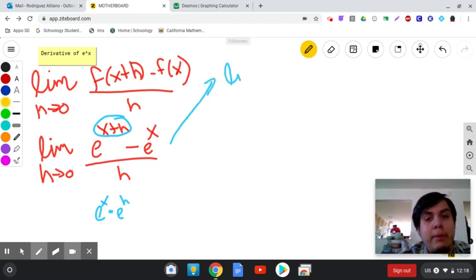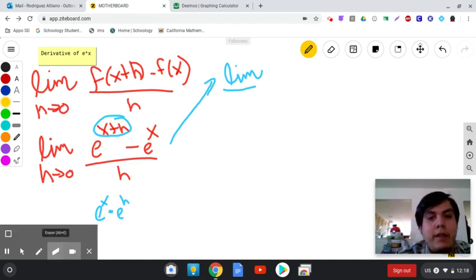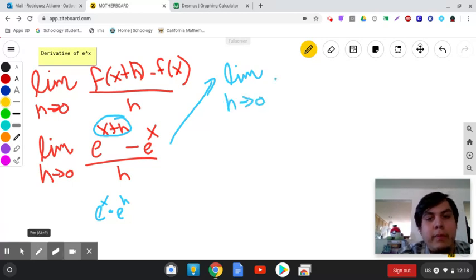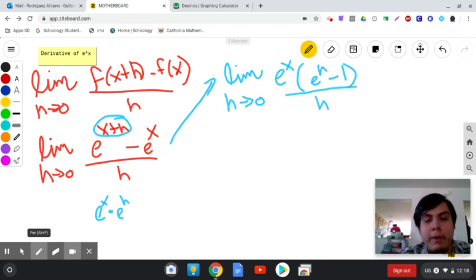So this is really the limit as h approaches 0 of e to the x times e to the h minus 1 over h. So I'm going to be able to pull out that e to the x and multiply by the limit as h approaches 0 of e to the h minus 1 over h.